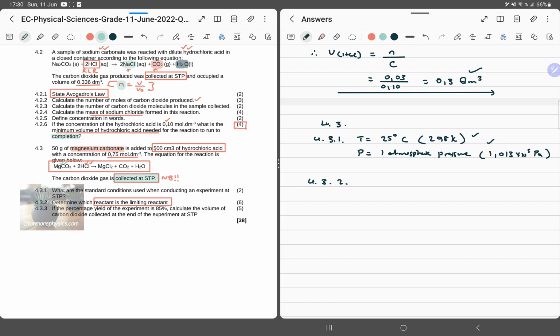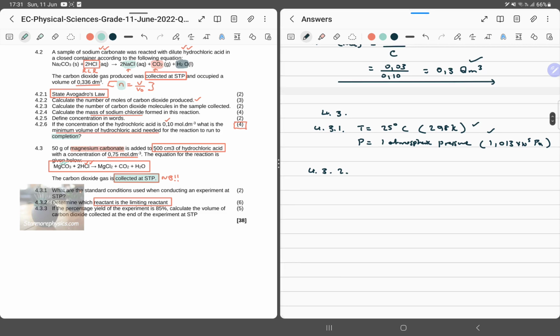So which one do we have information about? We have got information about hydrochloric acid. So let us work on that. I'm trying to figure out, should we ignore the carbon dioxide? I'm not too sure, but we will see.